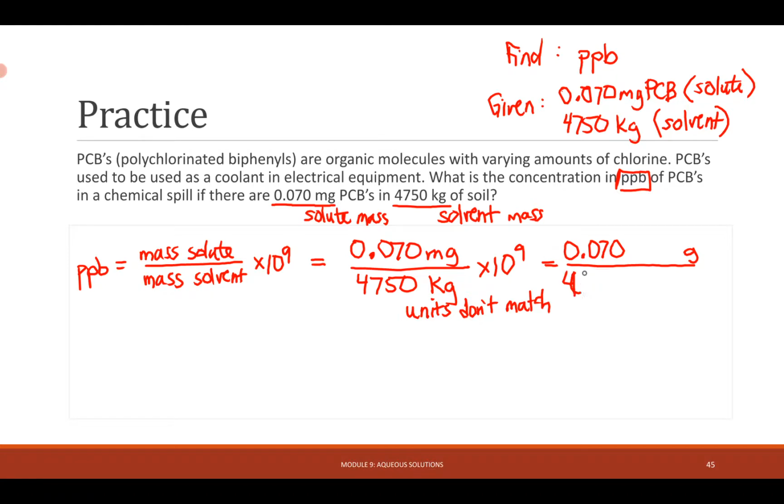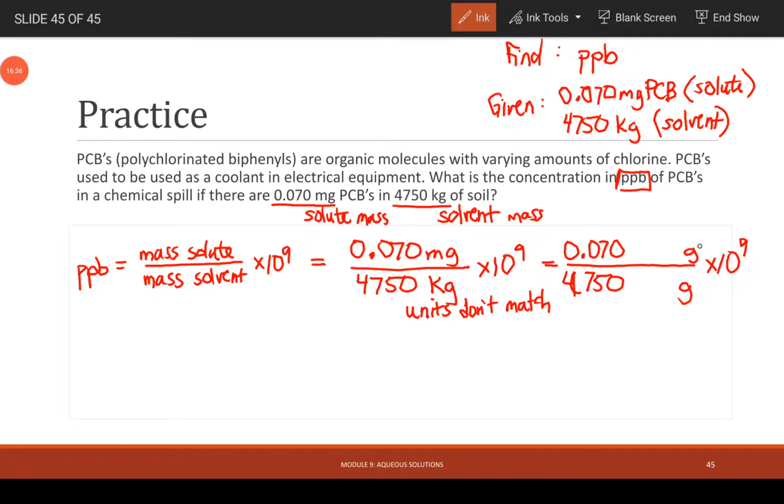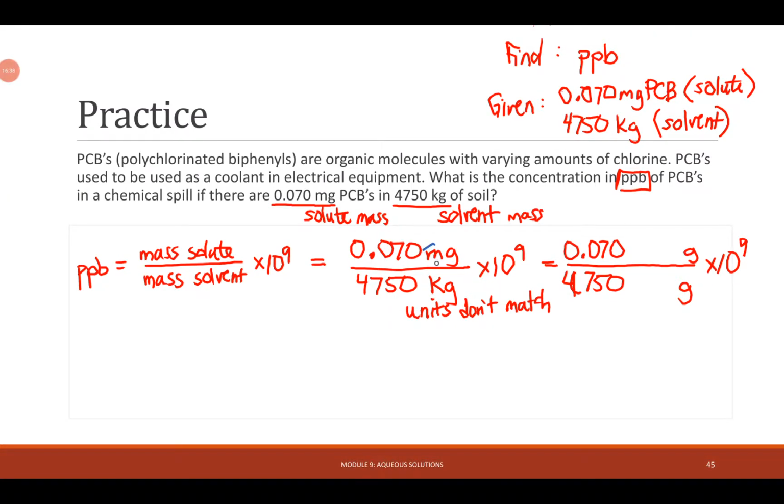So again, I can take a kind of lazy approach in converting back to the base unit so that they match. I'm just going to leave a space for me to write that scientific notation exponent. That's a 4750. And then that m stands for times 10 to the minus third power. That k stands for 10 to the third power. Now my units match because I'm in the base unit.